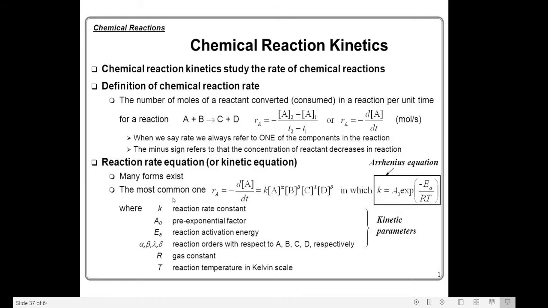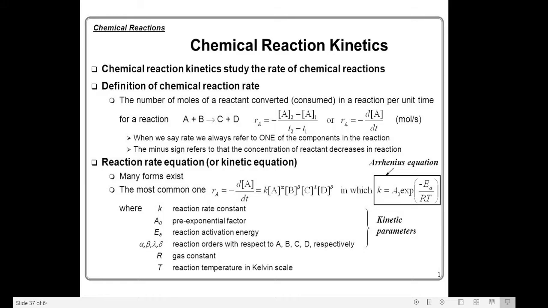The reaction rate depends on the reaction rate constant, pre-exponential factor, reaction activation energy, gas constant, and temperature. All these things come in the equation. These are the kinetic parameters: reaction rate constant, pre-exponential factor, reaction activation energy, reaction order.